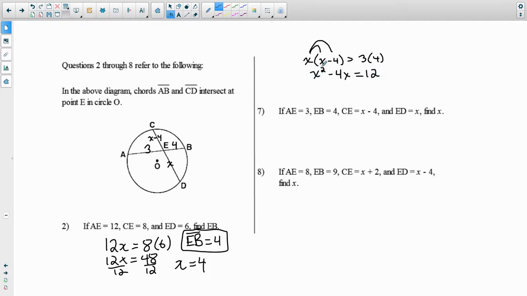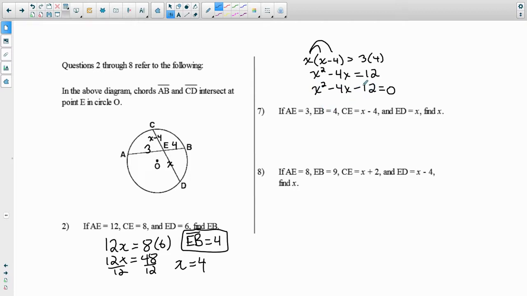I discover that I have a quadratic equation. So I am going to use the method of factoring, which means I'm going to bring all the numbers to the same side. That 12 is going to come to the other side and turn negative and set it equal to 0. And now I'm going to factor this by asking myself, is there a greatest common factor?